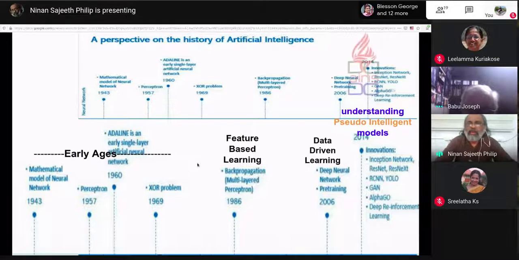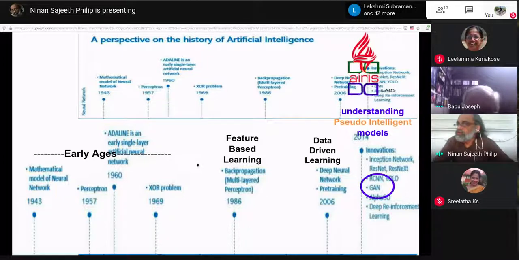So this is the area of research that we are mostly focusing on here. And I have research students like Robin, for example, who has joined this meeting, who is working on a particular type of neural network machine learning tool, artificial intelligence tool, which is called the GAN. And for today's talk, I am also focusing on the same thing, GAN. I'll tell you what GAN is, but let us just go slowly.